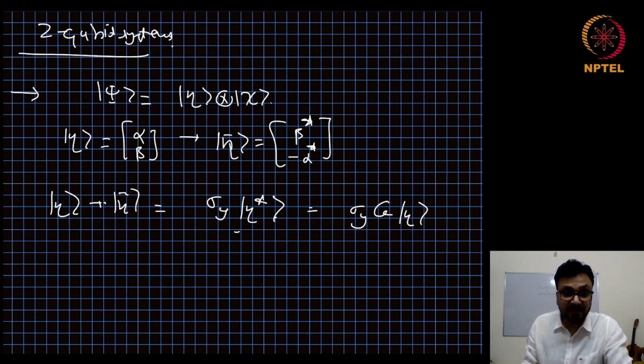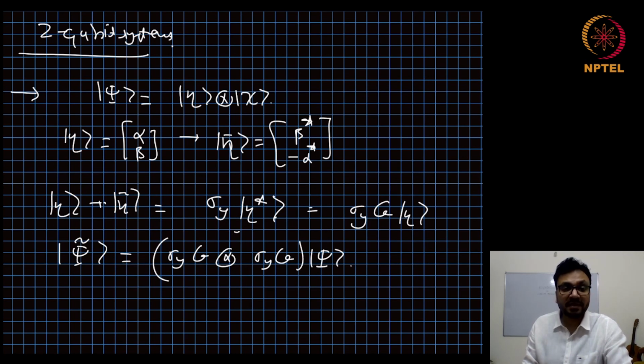So it means if we go to the psi tilde state, which is complex conjugate followed by sigma y on the first qubit and complex conjugate followed by sigma y on the second qubit, then psi tilde will be orthogonal to psi if psi is a separable state, for separable states or product states.